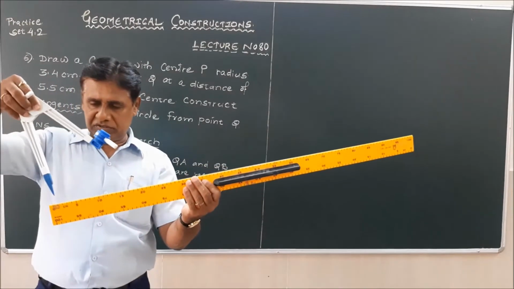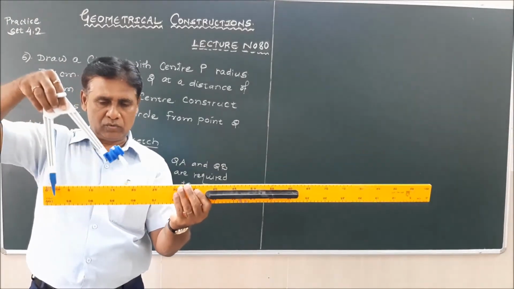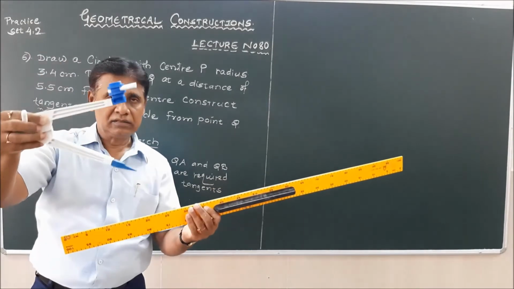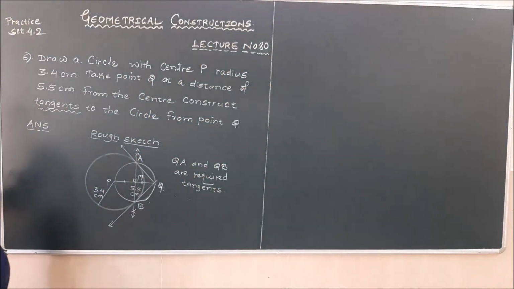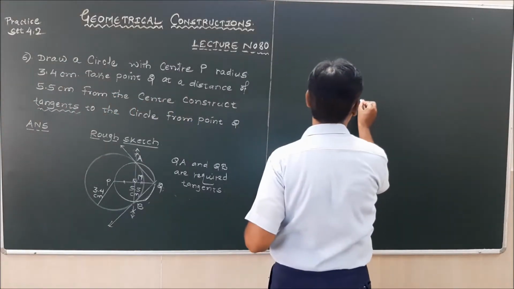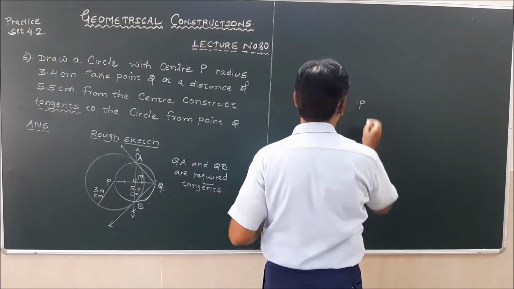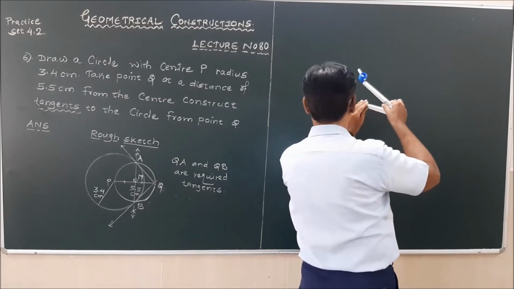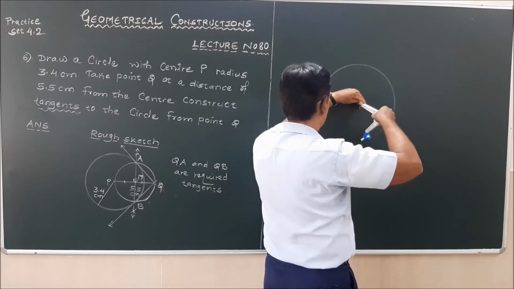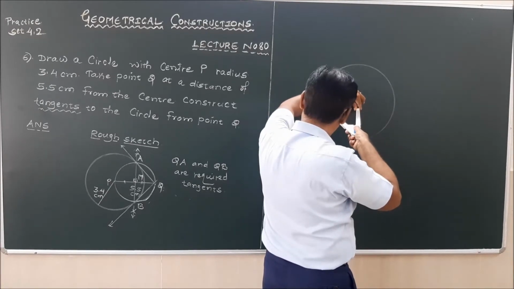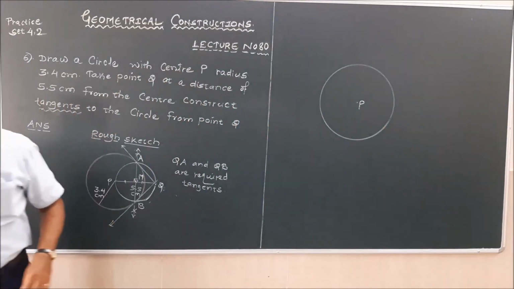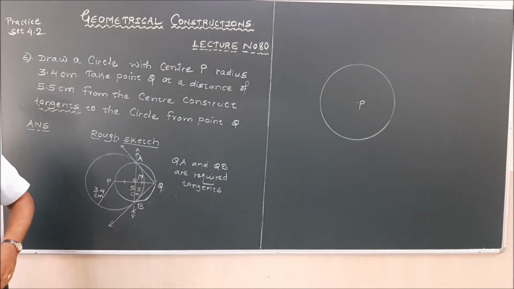Placing metal point of rounder at P. Center of a circle is given P. Draw a circle of radius 3.4. Finish drawing circle of radius 3.4.